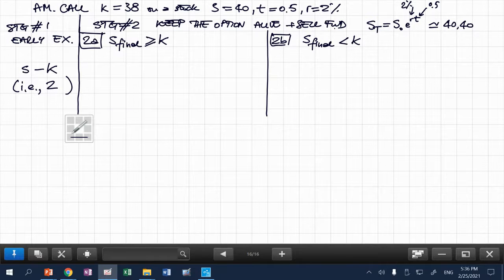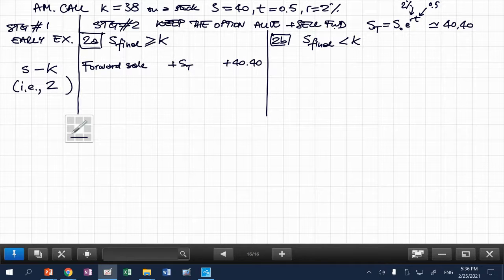Okay? So, first part, what happens in case 2A? First, I have the profits, sorry, the inflow from the forward sale. And here I find it useful to write both the formula and the number. So in formula, what I get is plus ST. In number, I'm getting plus 40.40, okay? But in order to deliver the stock, I have to buy that somehow.